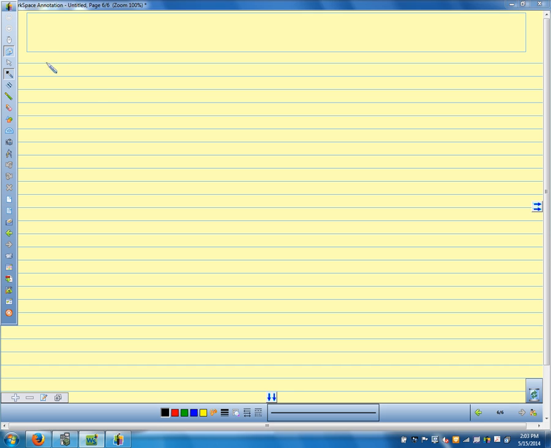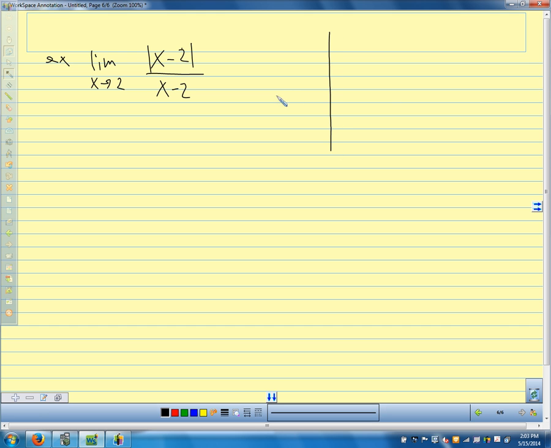So let's say we had the limit as x approaches 2 of the absolute value of x minus 2 over x minus 2. If we graph this, or we made a table of values, we would see that the graph, and this graph is really important, it's one that you'll hopefully become very familiar with in calculus, looks like this.